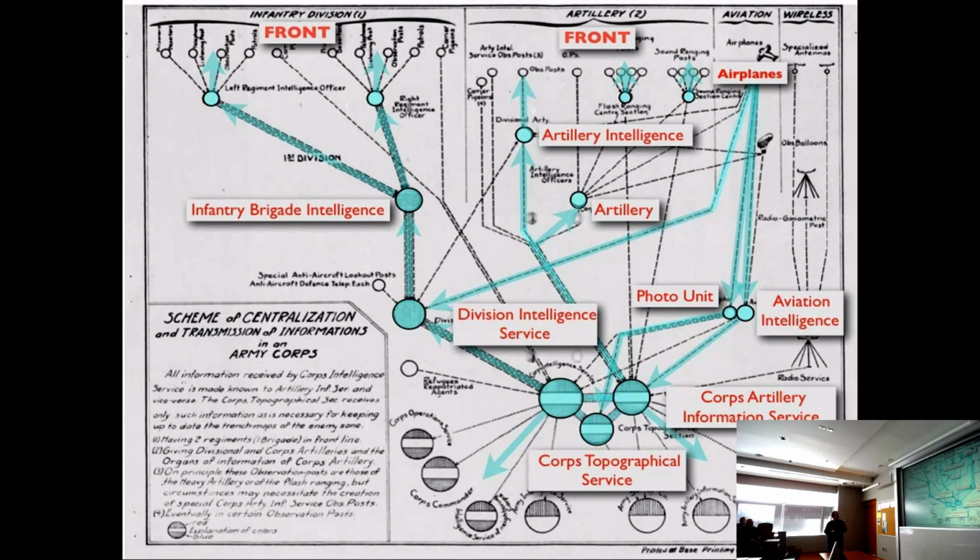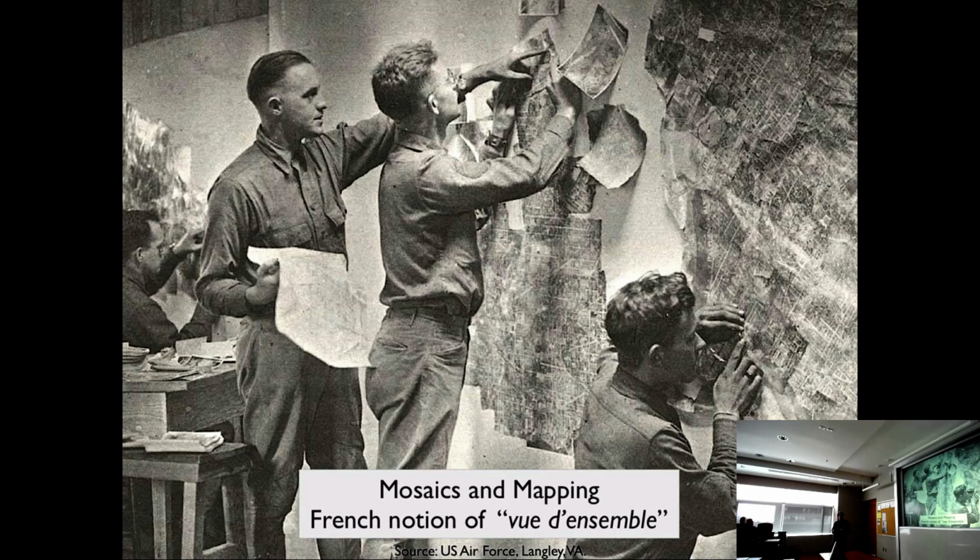Now, I want to stress one aspect of the photography during the war that is very important for its use after the war. And that is not the use along the front lines, but how the photo interpreters started to use and compose air photo mosaics to map the hinterland behind the front for intelligence gathering purposes.